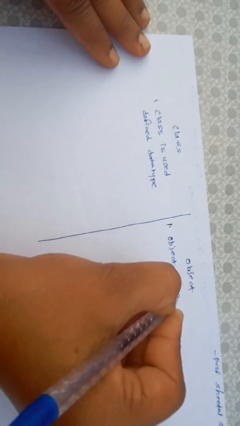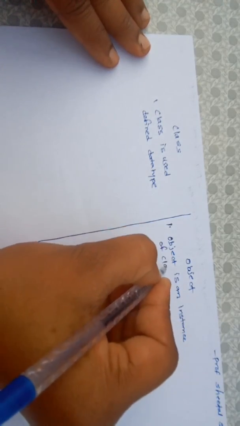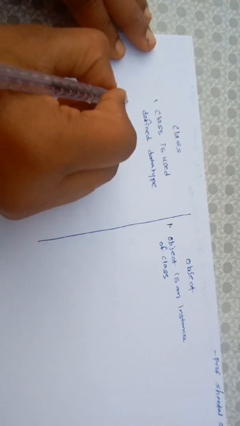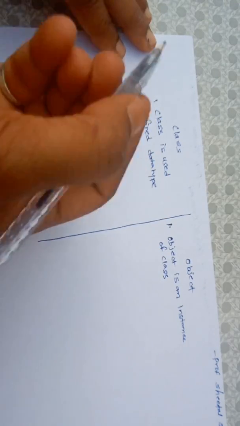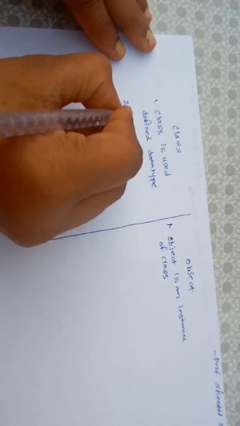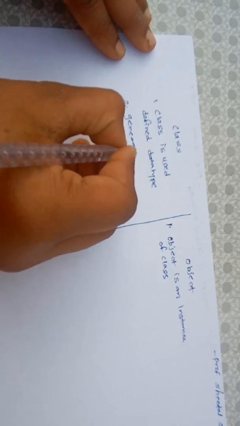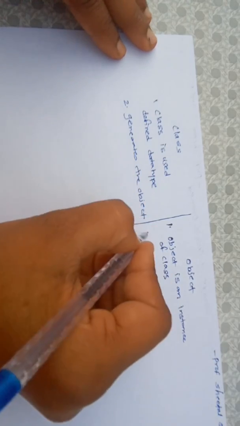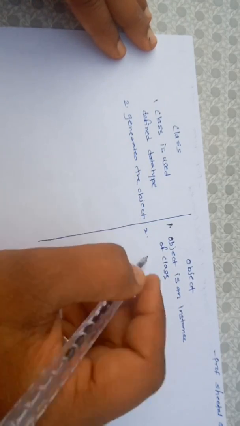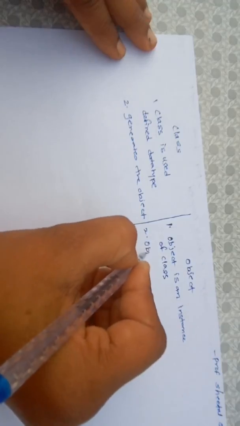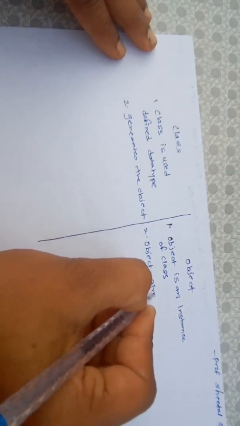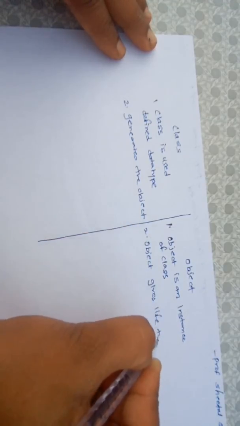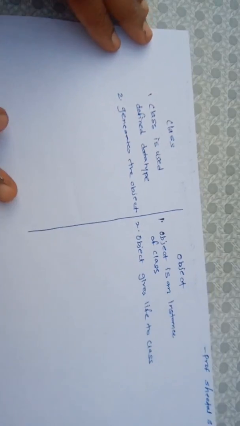Second, class generates the object. Here, object gives life to class.